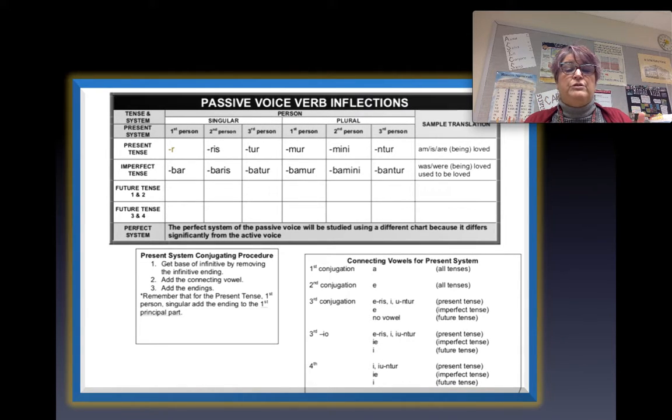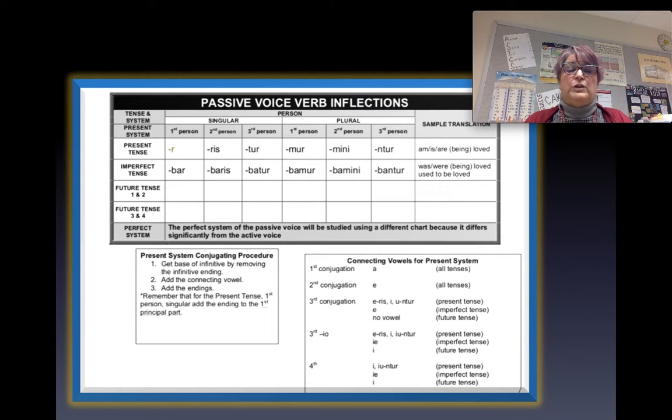It's important to note also that we are going to be using this same system for conjugating verbs in the imperfect tense that we used in the present tense. We find the base, we add a connecting vowel, and then we attach the ending.